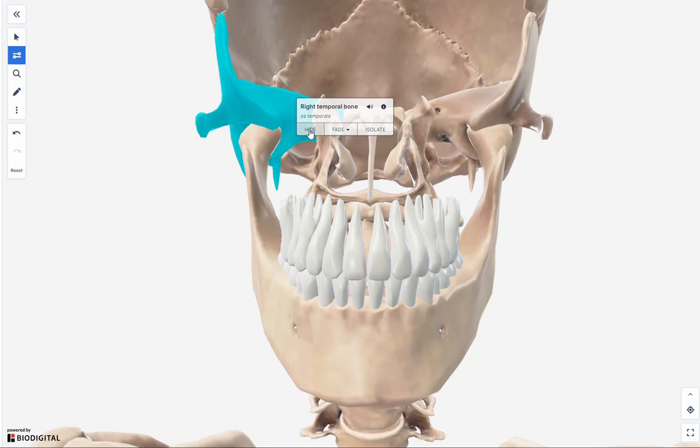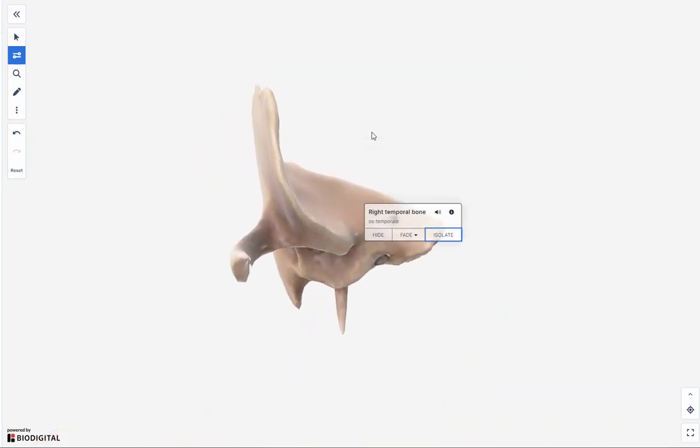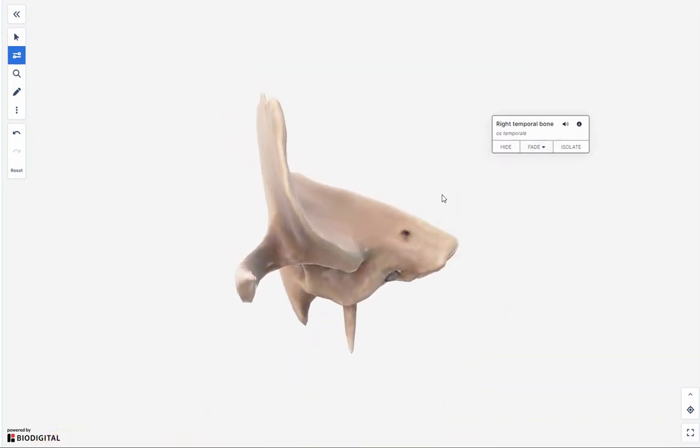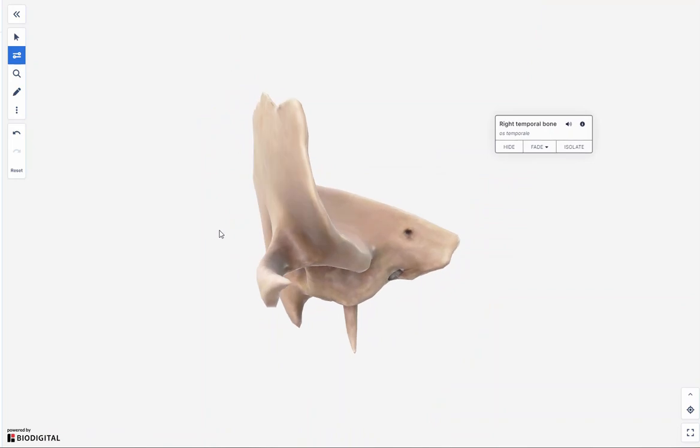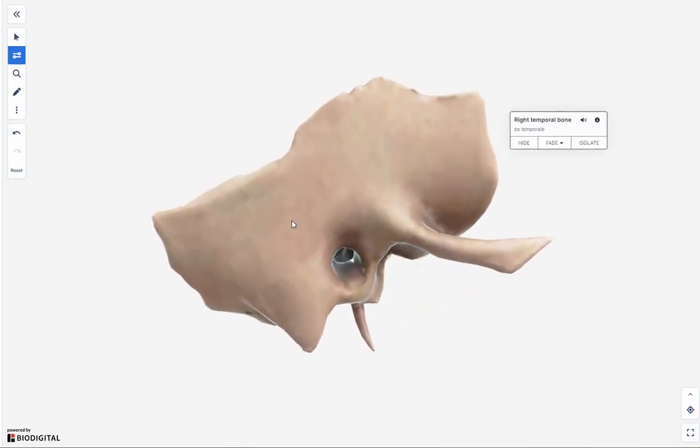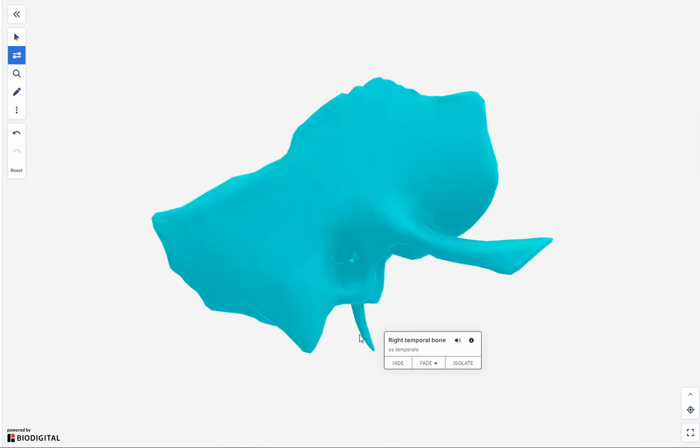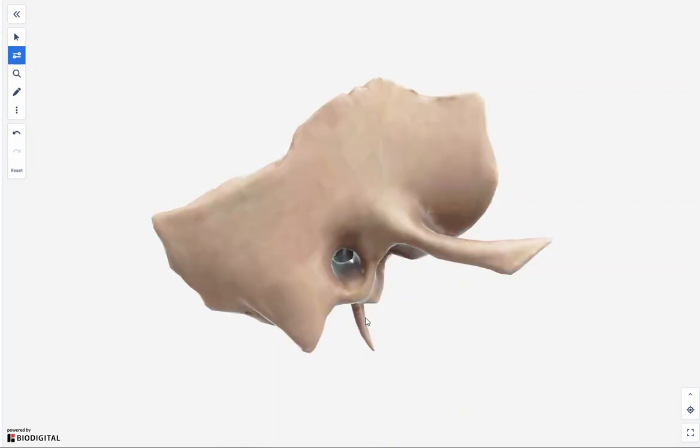Let me just isolate this one here. All right, so this is the right temporal bone we're looking at. So from a lateral view, let's just get our bearings. Here's the EAM. We have this little styloid process that sticks out inferiorly. This area right here is the mastoid process, or that mastoid tip that we palpate for the open mouth positioning of a C-spine image, right? So this is it from a lateral view.